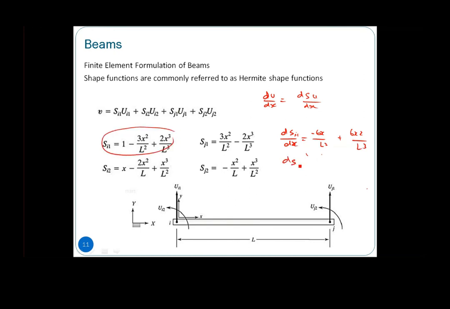If I want to find Si2, then we have 1 minus 4x over L plus 3x squared over L cubed. Further to that, we can do the double differentiation: d2Si1 over dx squared gives negative 6 over L squared plus 12x over L cubed.